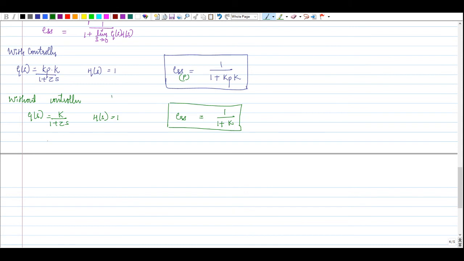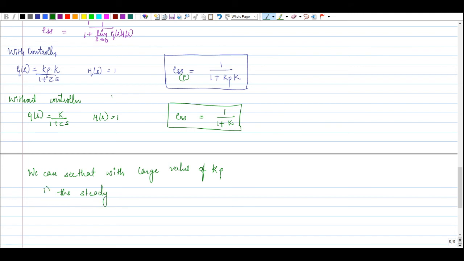So we can see that with a large value of Kp, the proportional constant, first thing, the steady state error can be reduced.